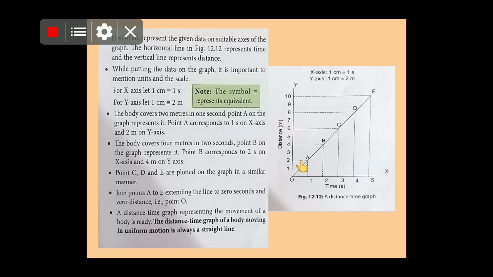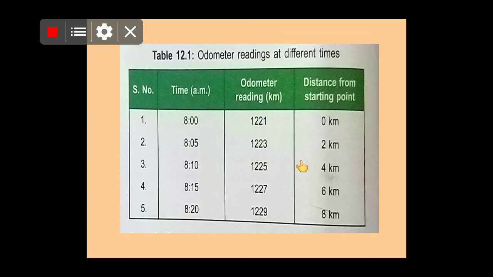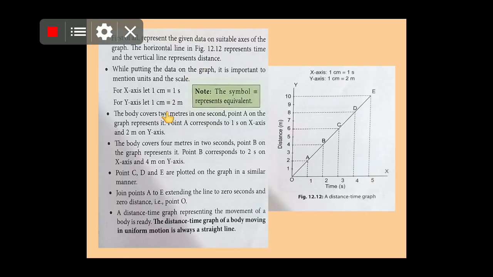Okay, I have already shown you the graph paper and how it is divided, and one square is considered as 1 centimeter, and we can mark the scales. So here you can see that it is a straight line, and it is given stepwise over here, that while putting the data in the graph, it is very important to mention the scale.